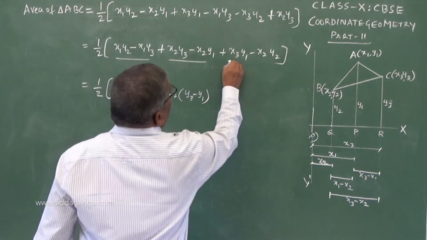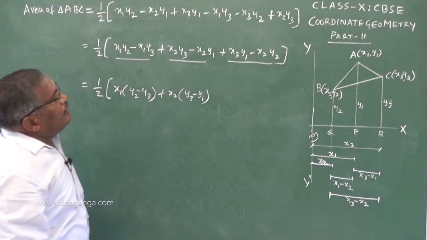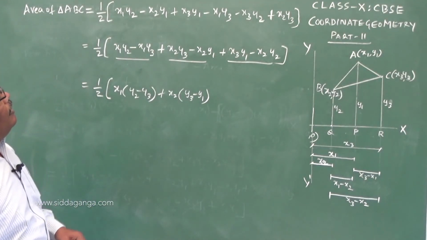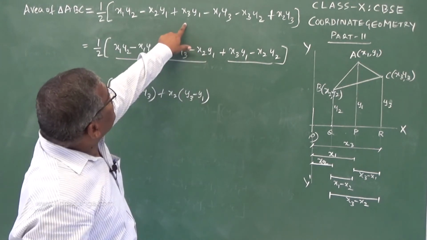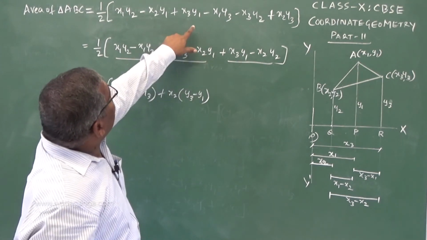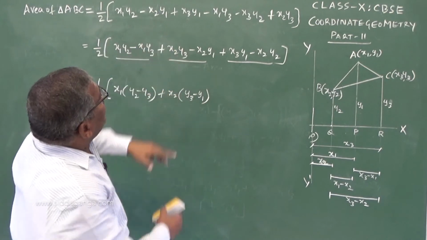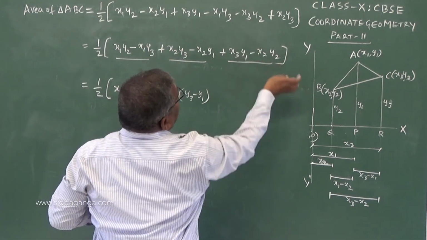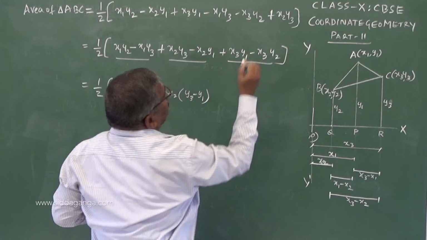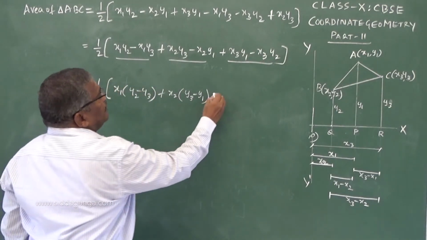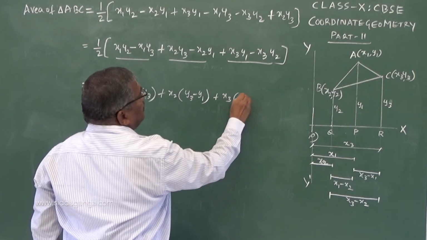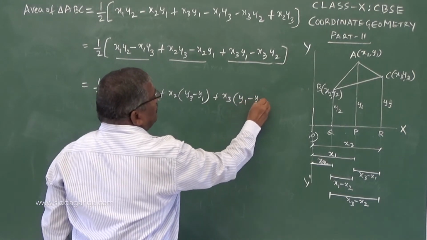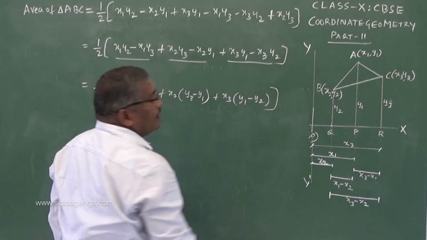From these two, you take x3 outside. This is x3 y1, this is x3 y2, sorry. Now, from these two you take x3 outside. You are left with y1 minus y2.